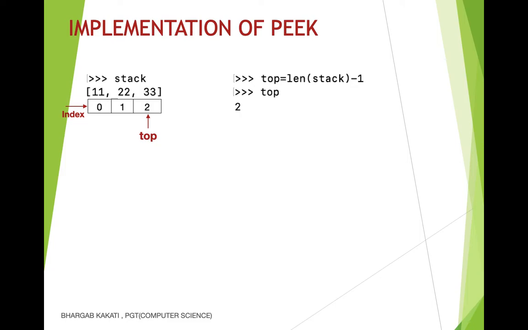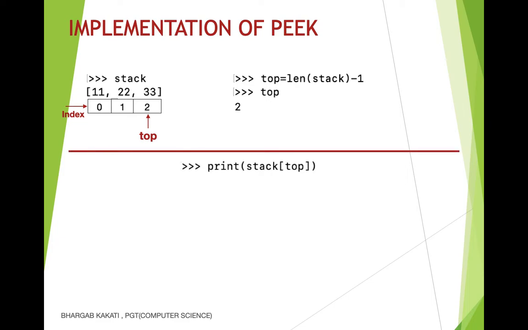Now if I want to display not the index of top but the element contained at that index, what is the element at the top of the stack? It is 33. So how to find that? You can find that by accessing that particular value of top. So if I write print stack[top], it will display the element which is at the top of the stack.